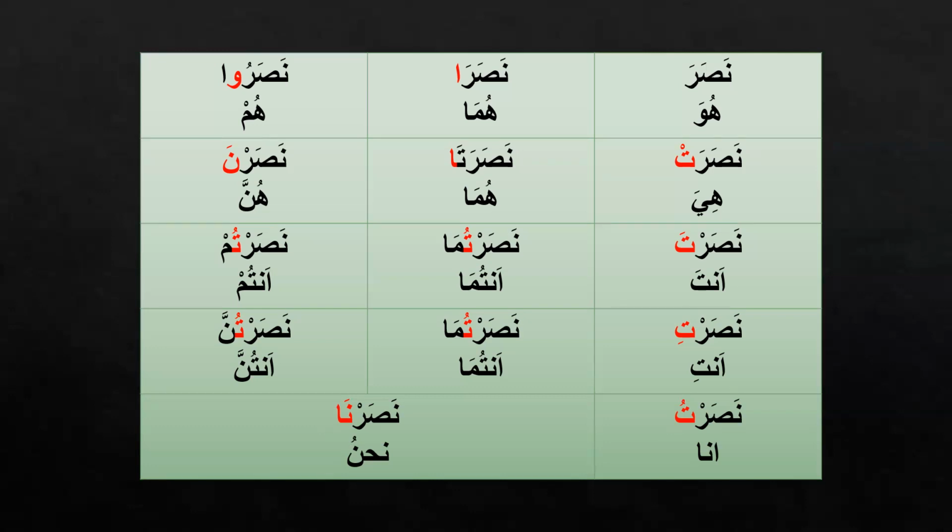So here, hum nasaru, this waw is telling us that it is the third person plural. They all helped. Alhamdulillah. So this is for the masculine: Huwa, huma, hum. Nasara, nasara, nasaru. Here you cannot see any pronoun.